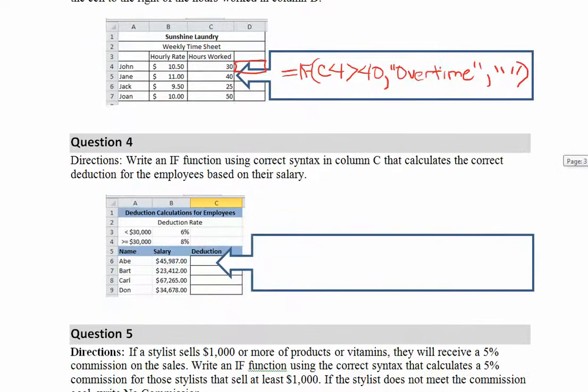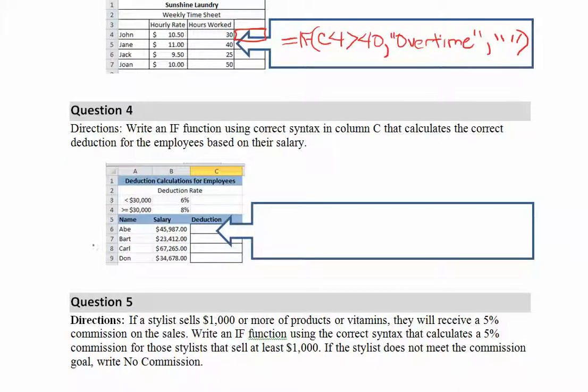Question number 4. Write an if function using the correct syntax in column C that calculates the correct deduction for the employees based on their salary. So this one you have to look a little bit deeper, because you have to look and see that if an employee makes under 30,000, their deduction rate is 6%, and if they make over 30,000, their deduction rate is 8%.